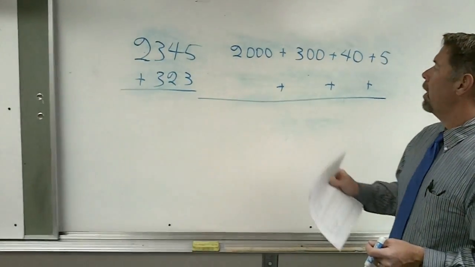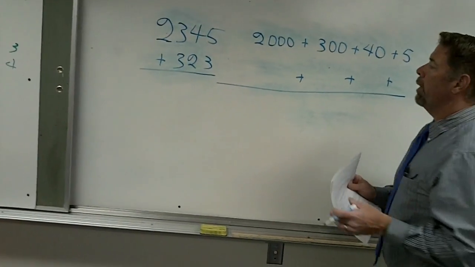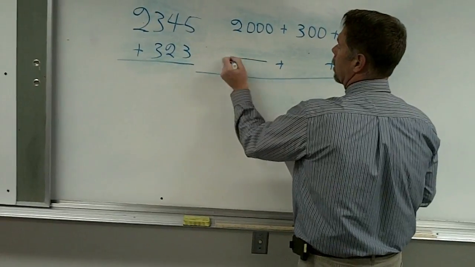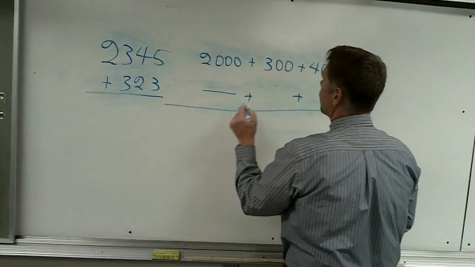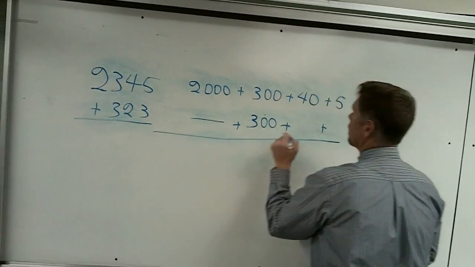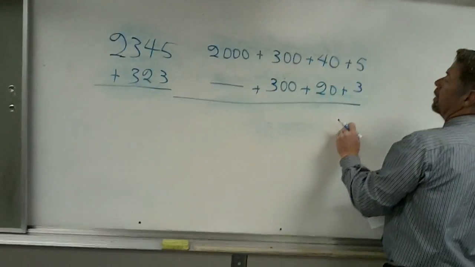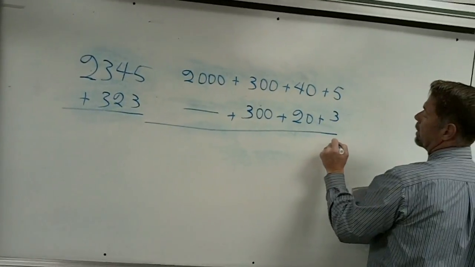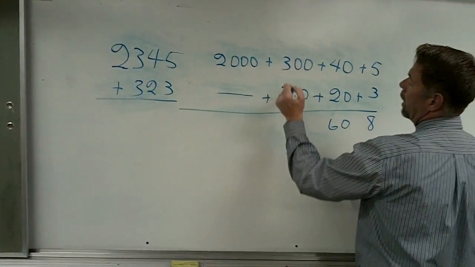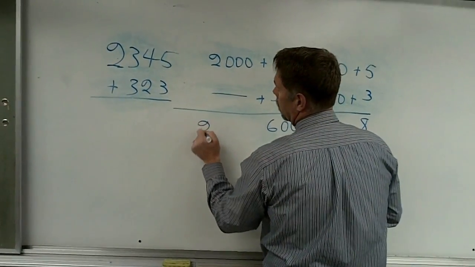Okay, so now I'm going to go through, you check your work and see if you understood what we need you to do. We look here, we don't have anything in the thousands column, so we're not going to write anything there. We have 300, 20, and 3. And now we add them up. 5 and 3 is 8. 20 and 40 is 60, 300 and 300 is 600, and 2,000 and 0 is 2,000.